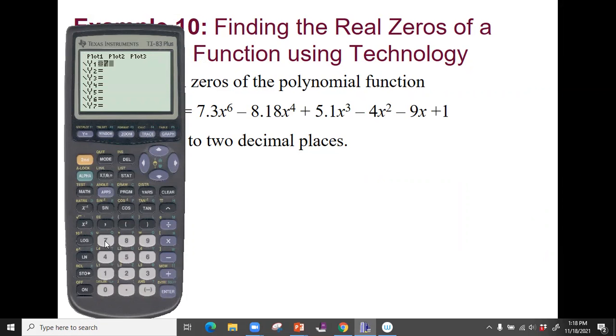Then I would go to y equals and put in my function: 7.3 x squared minus 8 and 1/4 x to the 4 plus 5, minus 4x squared minus 9x plus y.